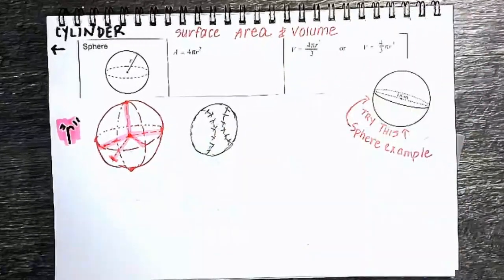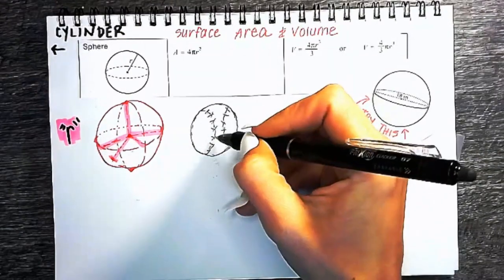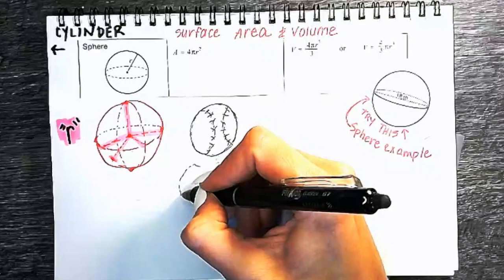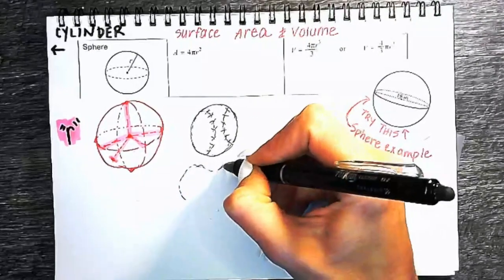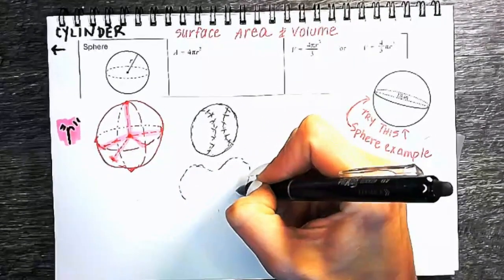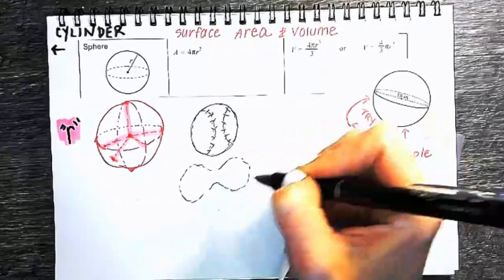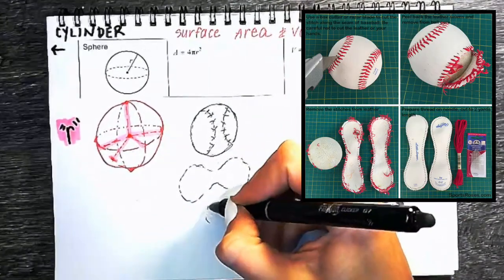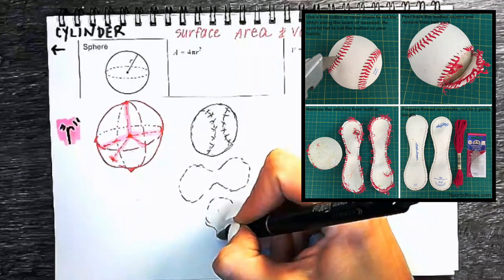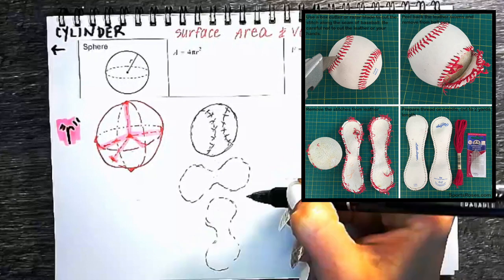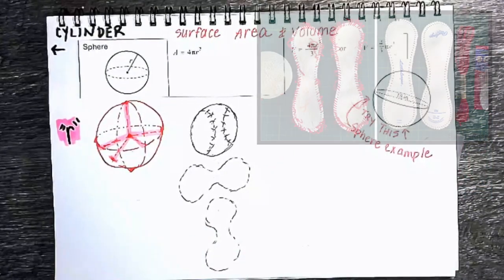So let's pretend that we unstitched the baseball. It's made of some kind of leather material, right? If you unstitch this baseball, what shape will these pieces be? Well, they're kind of like these infinity symbols. You'll have one this way, and another one this way. Can you picture that?